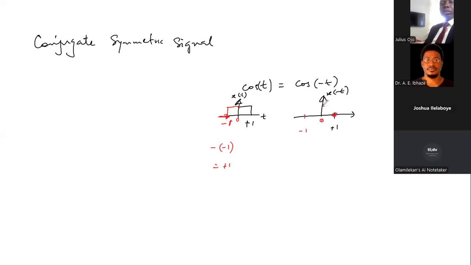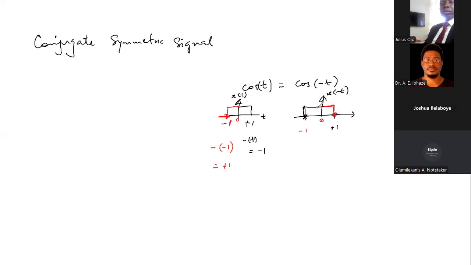So we retain our amplitude. So it comes this way, right? Yes, sir. Now, let us attend to the other part. So +1 times negative is going to give us -1. So this now is going to be plotted at -1, and the amplitude is the same.